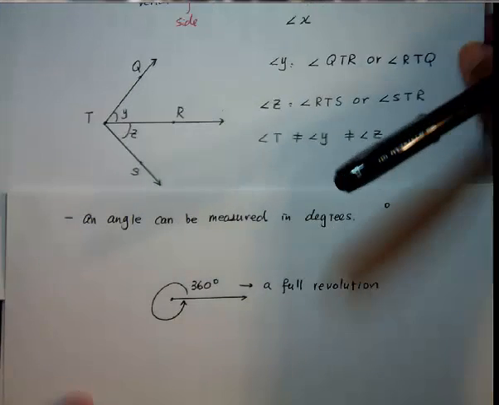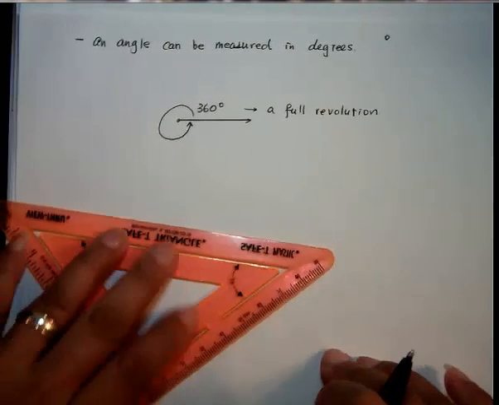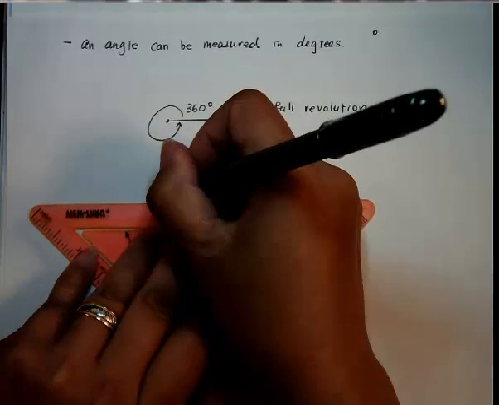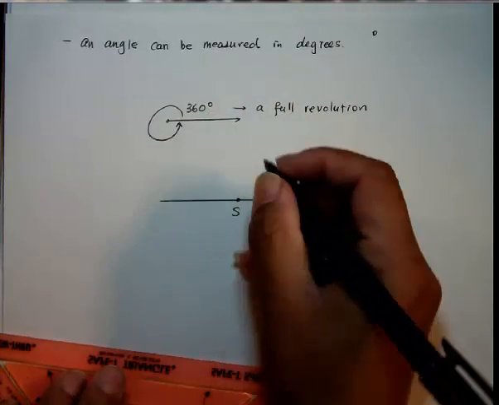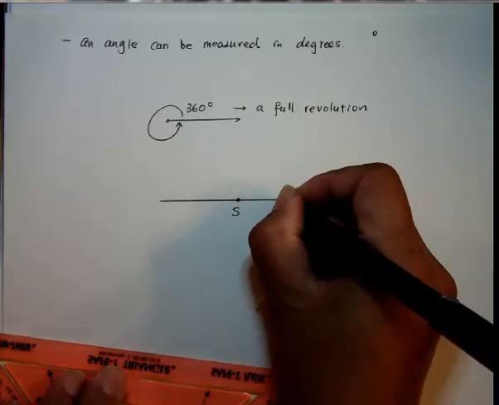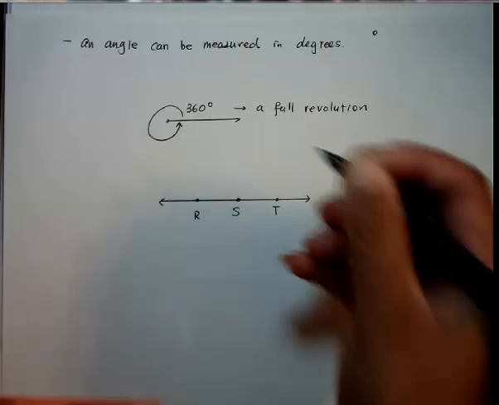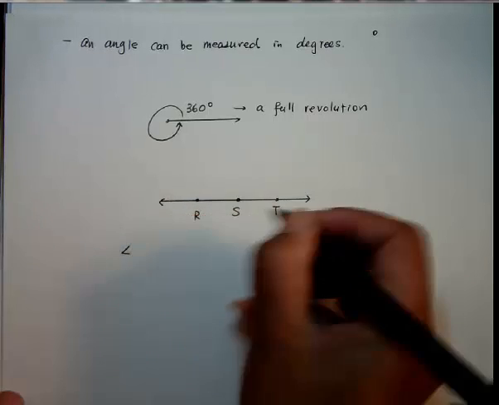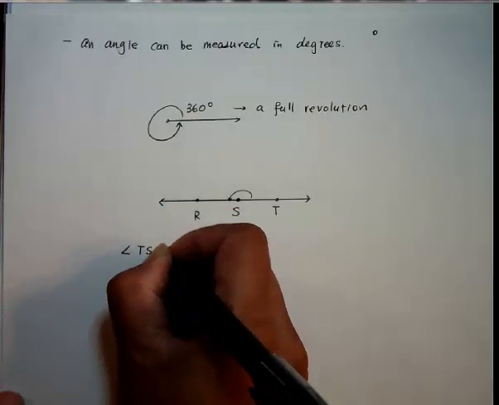Now, within this whole rotation, you can see an angle that looks like this, where the vertex is right here, let me call it S, with points T and R. This is angle TSR.